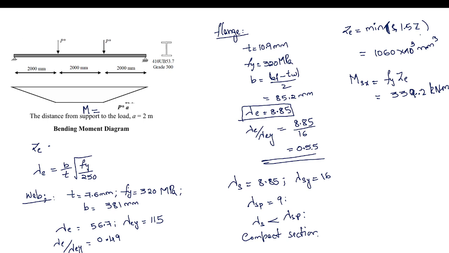So this is the maximum moment capacity of this. Now, since our case is fully restrained, for the fully restrained case we know that M star should be less than or equal to phi MSX.